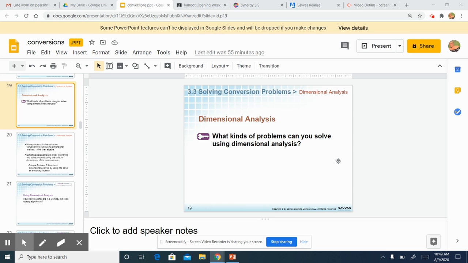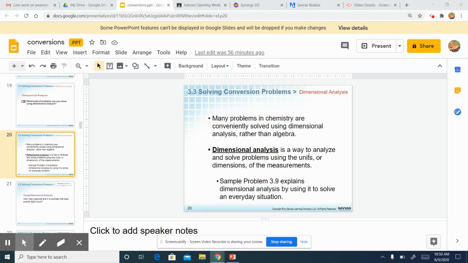Okay, now we're going to use a tool called dimensional analysis, or actually a process, to solve some unit conversion problems. And we can use it to solve everyday problems and then problems for us in chemistry also.